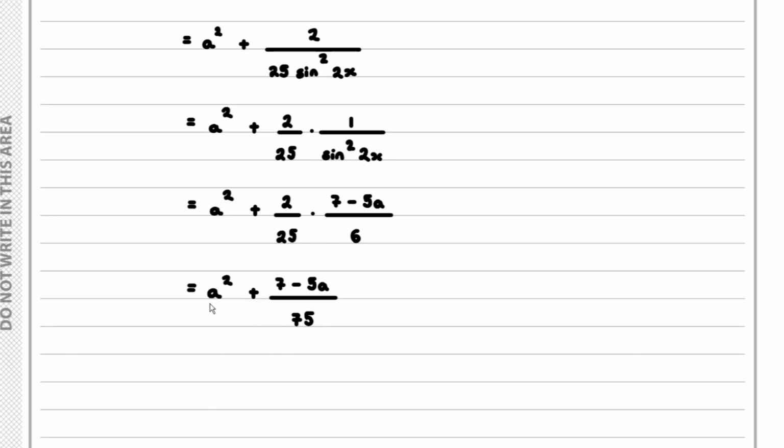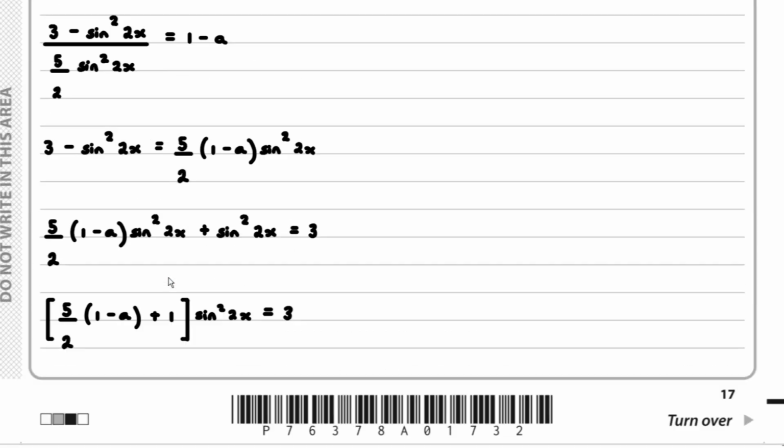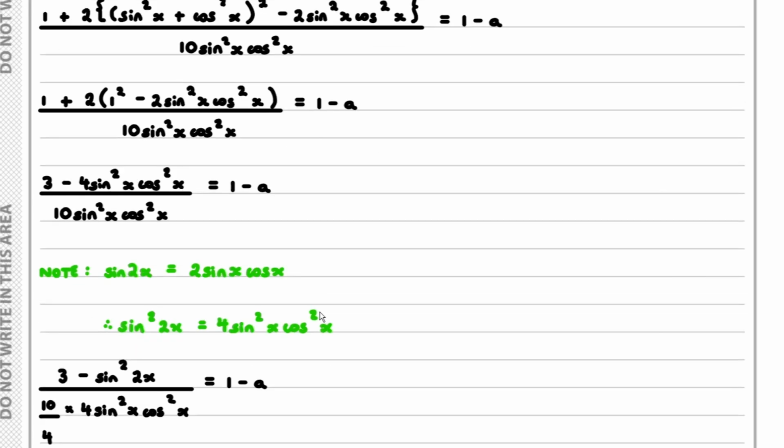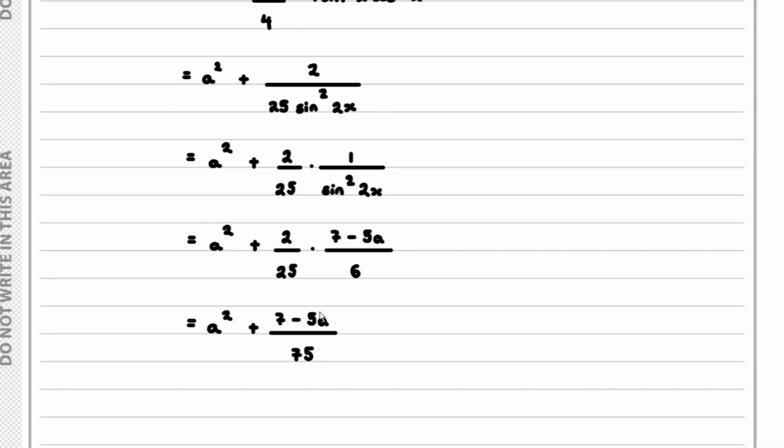Now, what we know is this result, which is the probability of x1 times x2 equaling 16, is equal to a subtract 1 over 25. So we need to set this equal to 1 subtract 1 over 25, as shown.